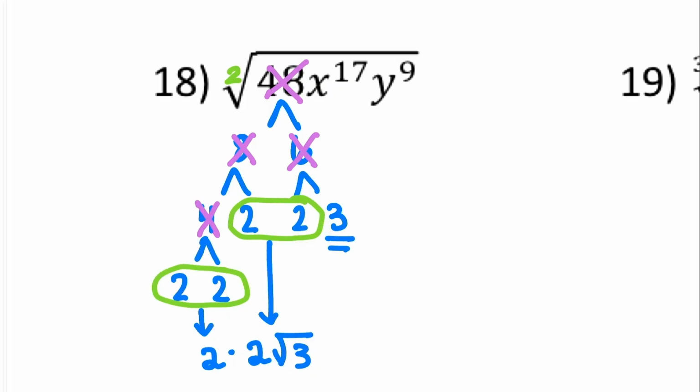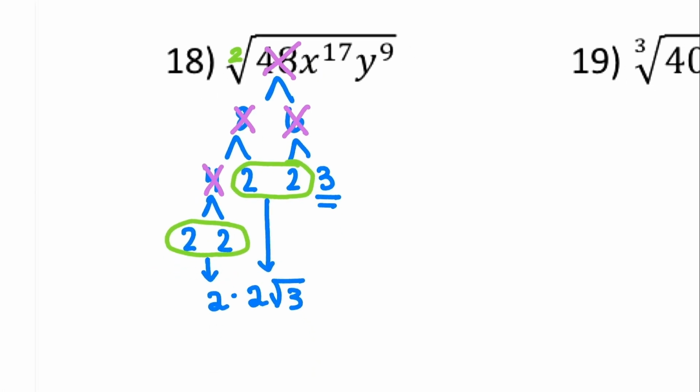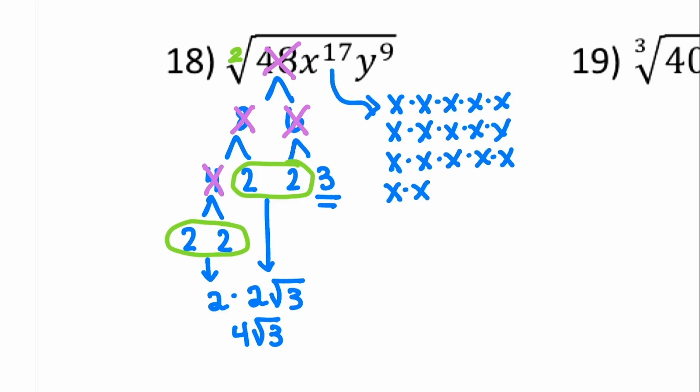So the square root of 48 simplifies to 4 radical 3. Now let's work on the x portions of it. Just for illustration purposes, I'm not going to do this every time, but this is how to think through this. Basically, the theory behind this is that we are trying to find how many groups of 2 can fit into 17 and how many x's would be left over.